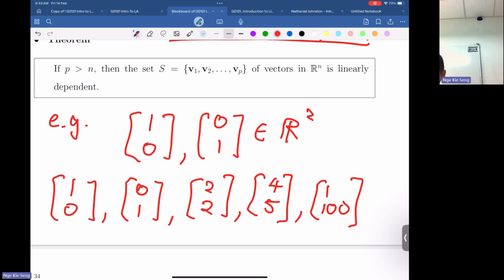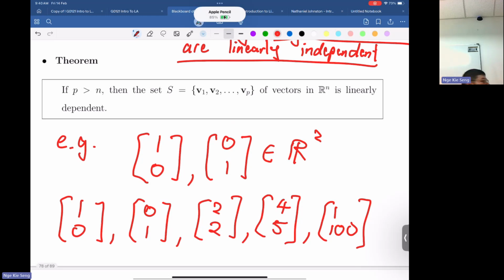Any question here so far? I think this theorem is pretty important. We will see it again in the dimension. We will make this n precise. What is this n here?